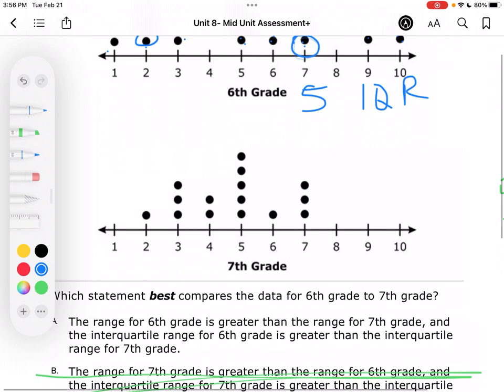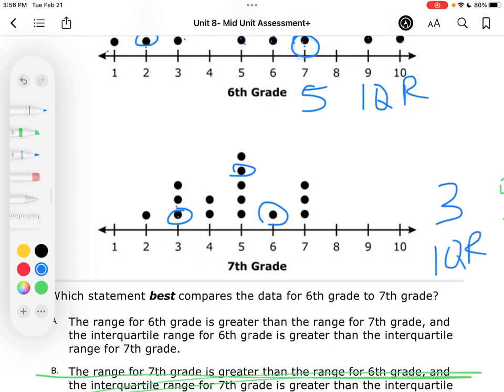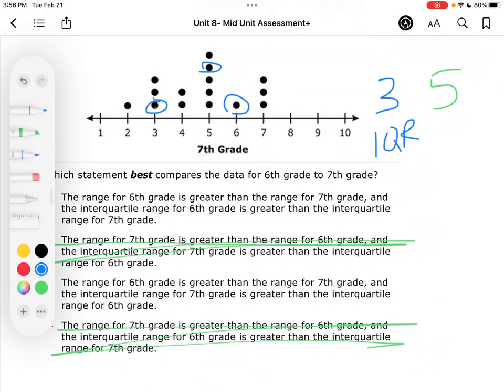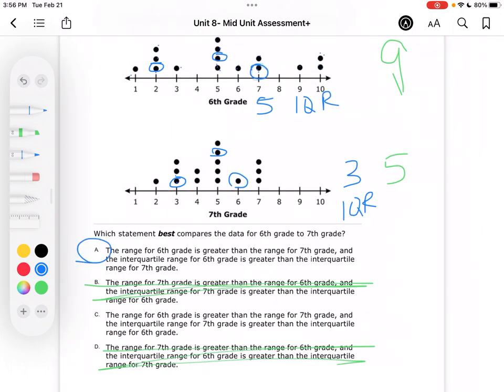And then for this one, we would have 1, 2, 3, 4, 5, 6, 7. So we would do 6 minus 3, and we get 3 as our IQR. All right, so it says the interquartile range for 6th grade is greater than the interquartile range for 7th. That's true. So A should have been our answer.